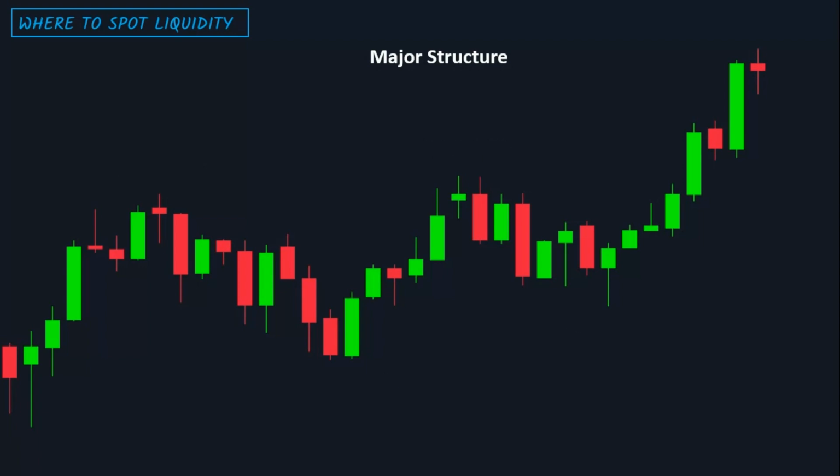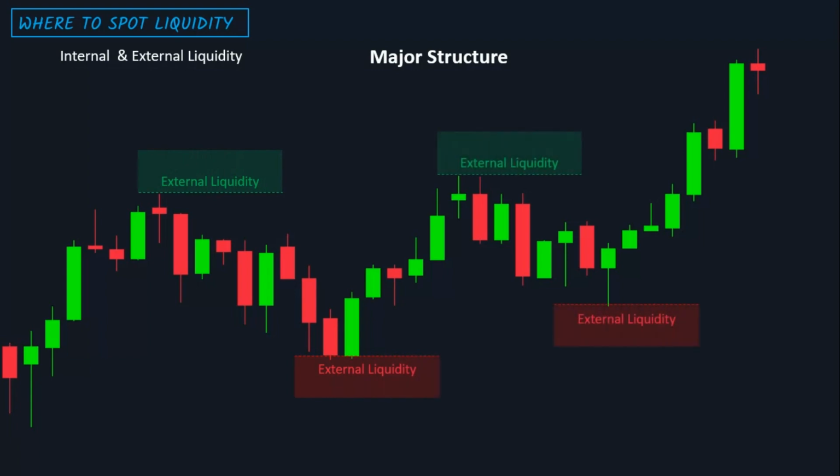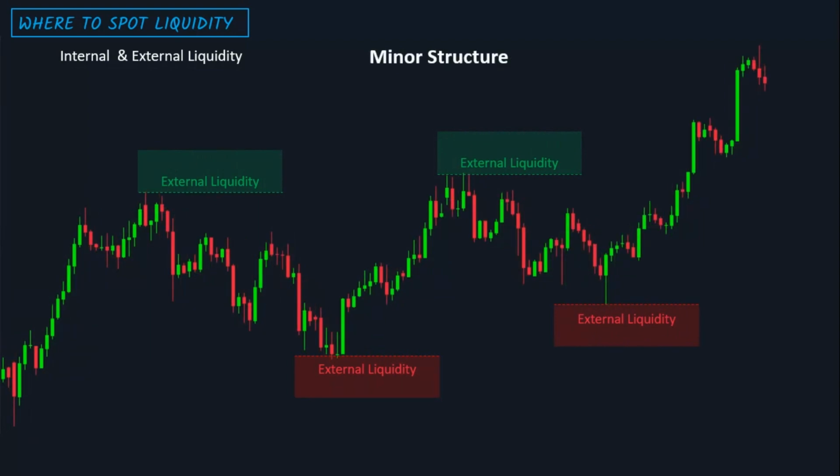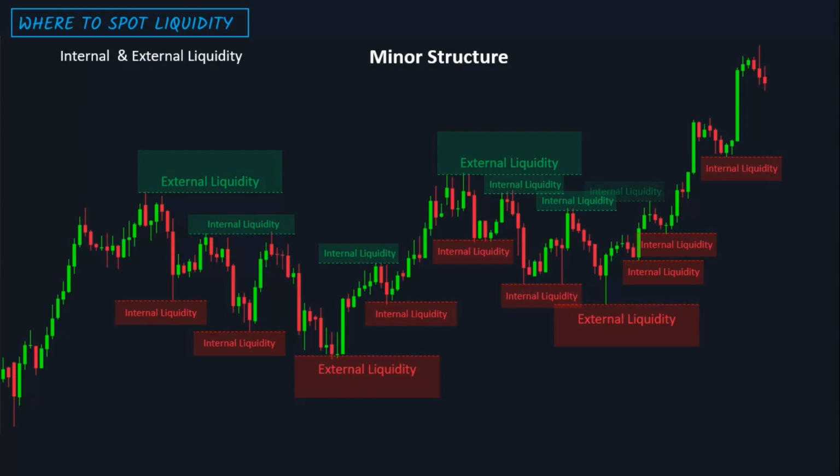External liquidity forms around major swing highs and swing lows, usually visible on higher time frames. These zones attract the largest concentration of buyers and sellers, making them prime areas for institutional manipulation. Internal liquidity, on the other hand, builds around minor swing points within the lower timeframe structure. Although smaller, these levels still provide enough orders for short-term liquidity sweeps.